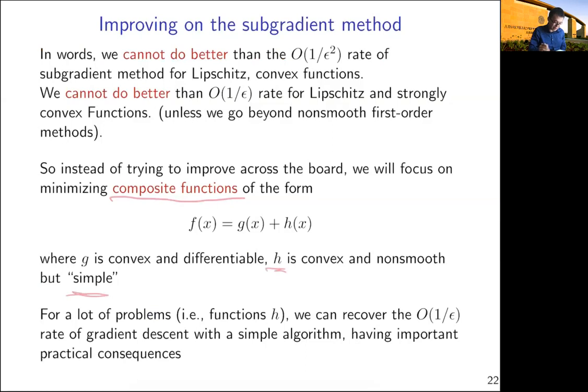We'll formalize it in just a little bit. For a lot of problems, when h is sufficiently simple and g is smooth, the conclusion is that we can essentially achieve the same convergence rate as gradient descent with a very simple algorithm that matches everything of gradient descent. Yet we're solving a non-smooth optimization problem because h is not smooth.